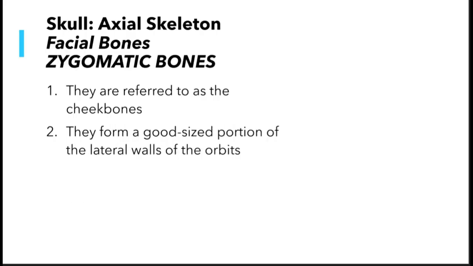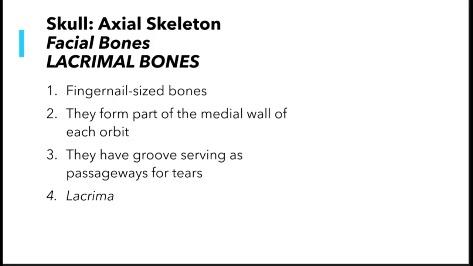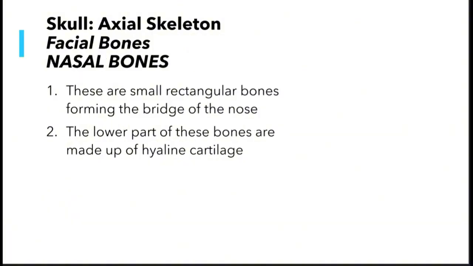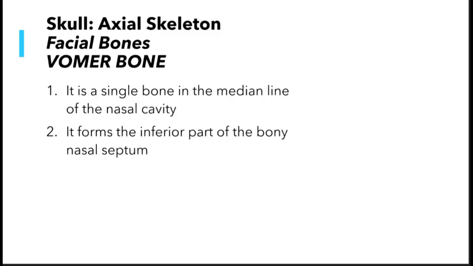You also have your zygomatic bones, lacrimal bones, which comes from the word lacrima, meaning tears. You also have nasal bones and the vomer bone. Vomer means plow. So the vomer refers to the shape of the bone, which looks like a plow.